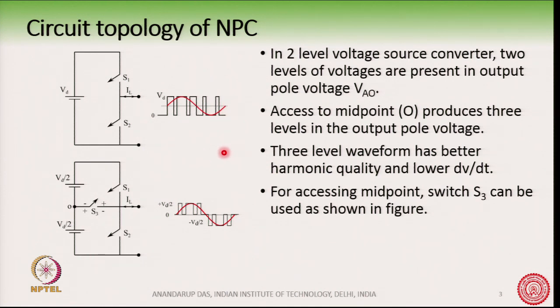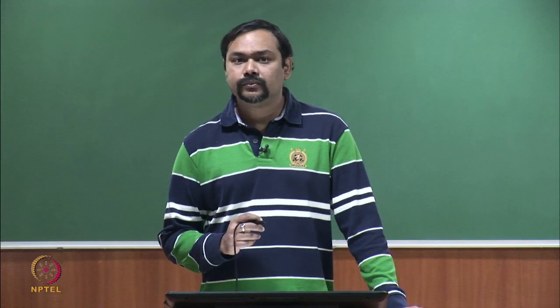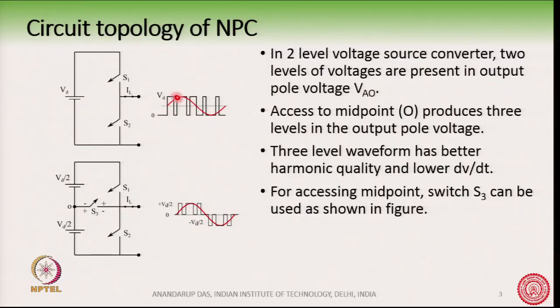The output waveform here always has an instantaneous error between the actual voltage produced by the converter and the desired voltage. The desired voltage from the converter should be this red waveform. We want a perfect sine wave output from the converter.